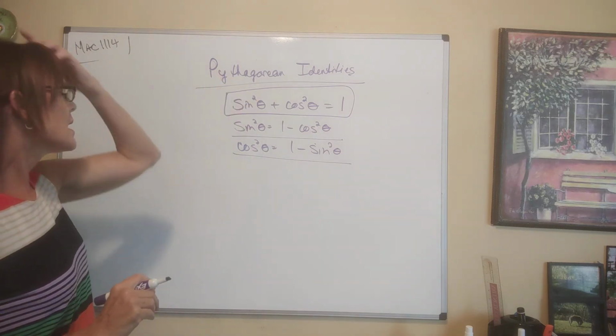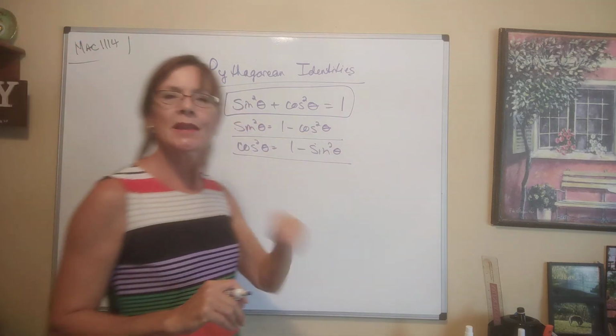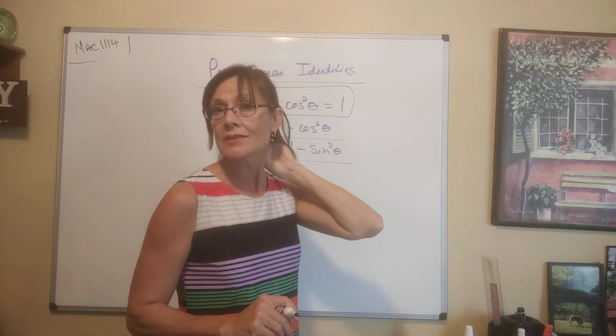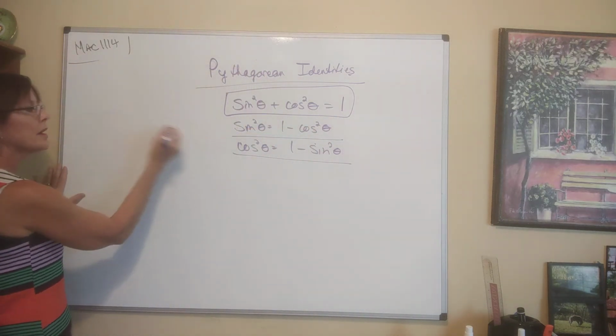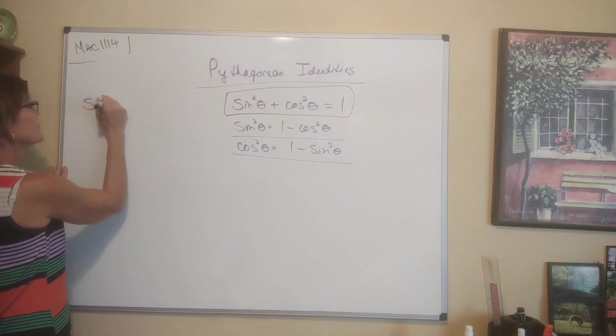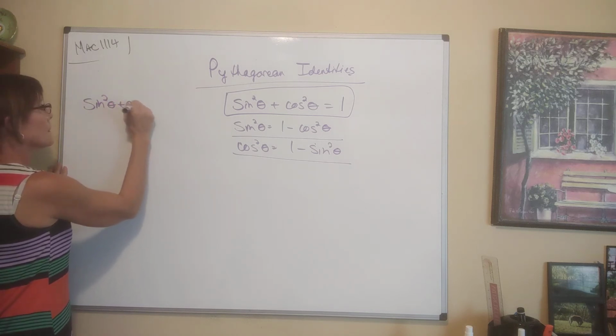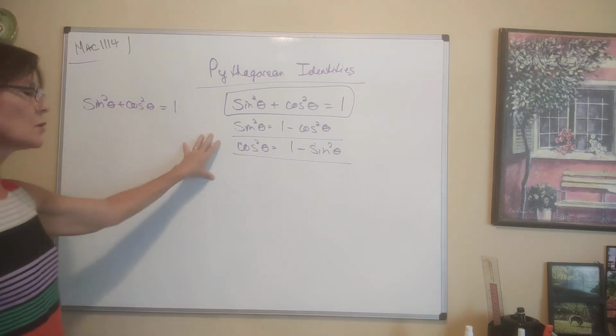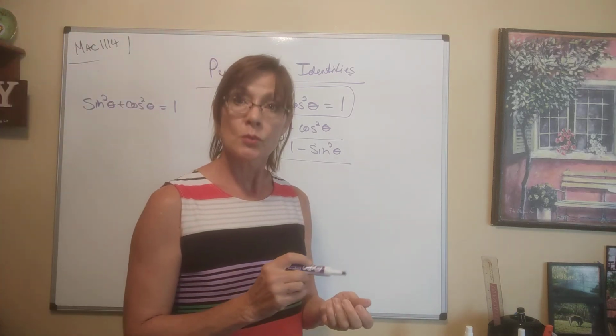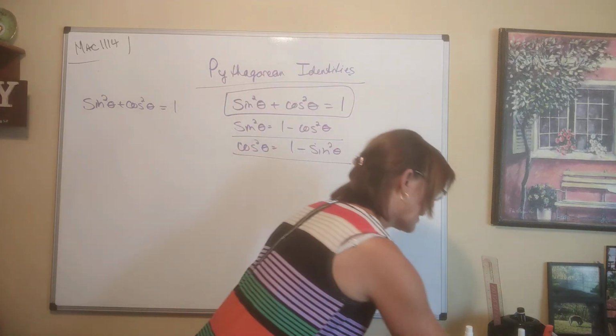Now, the next ones I haven't quite memorized, but that's okay. I can come up with them, and that's all that's really important. So, what I do is I take this one, and I divide both sides of this equation by sine squared of theta.